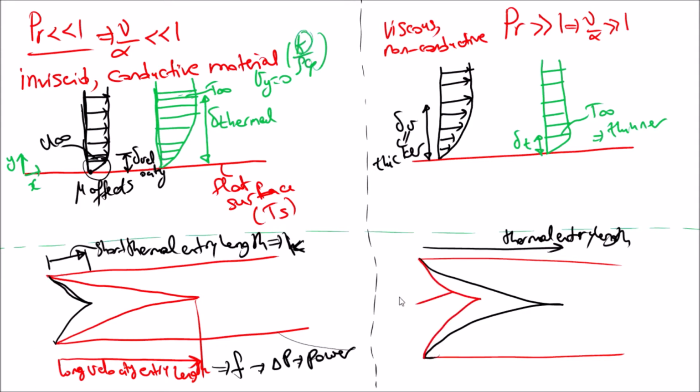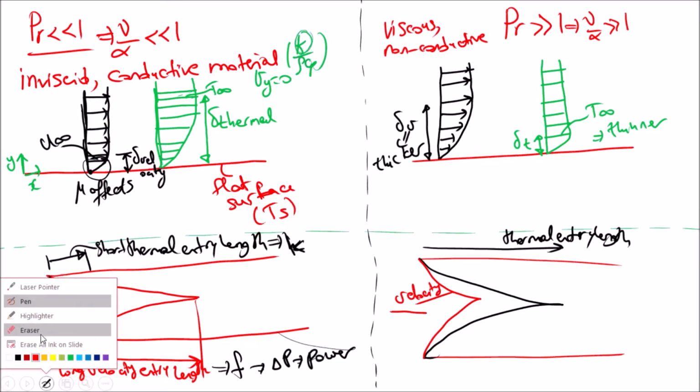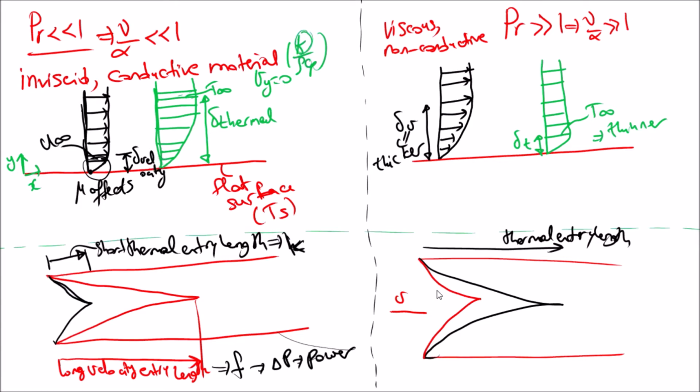This one is the velocity, this part actually, so let me erase it and put it up again. And now you will have the velocity entry length. This one is shorter velocity entry length.